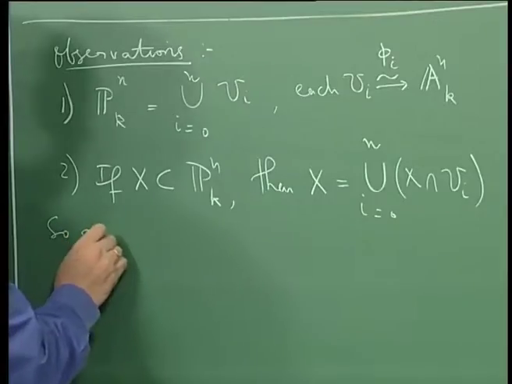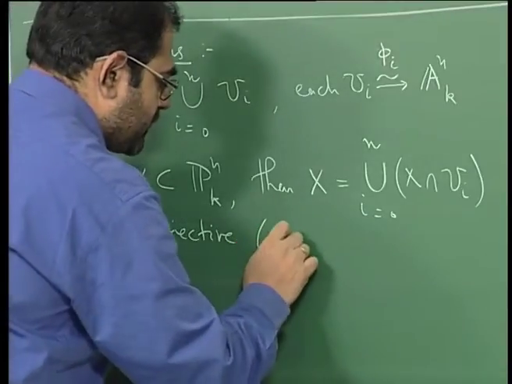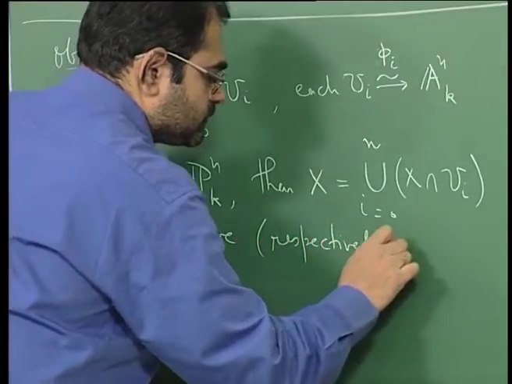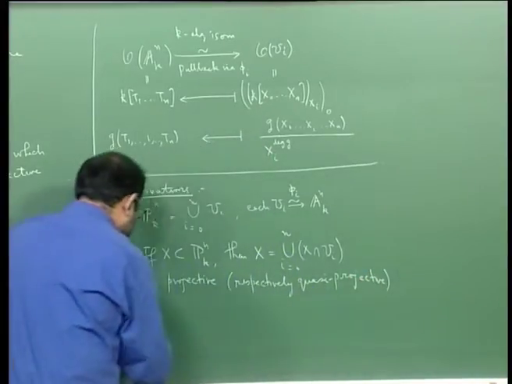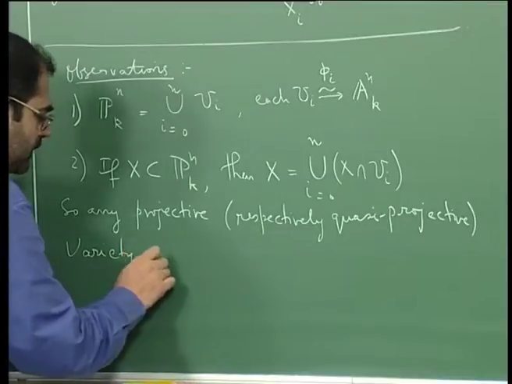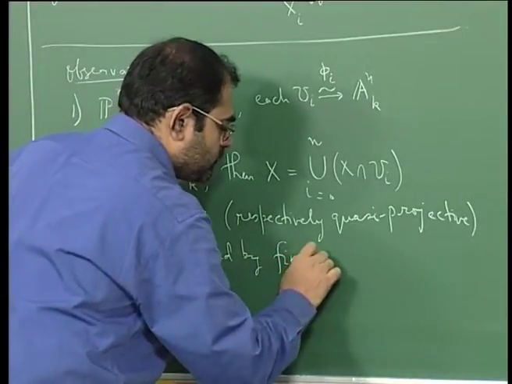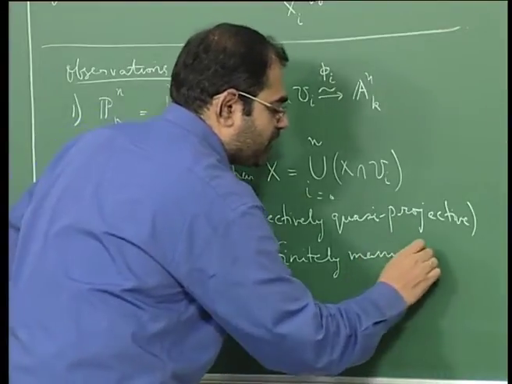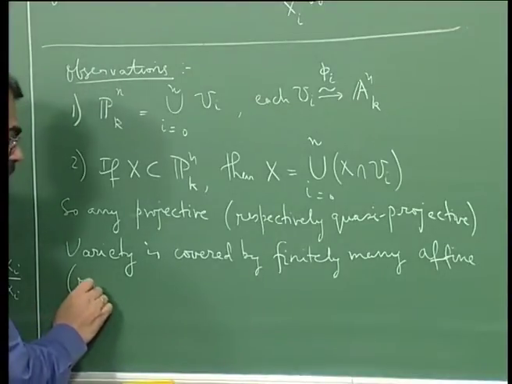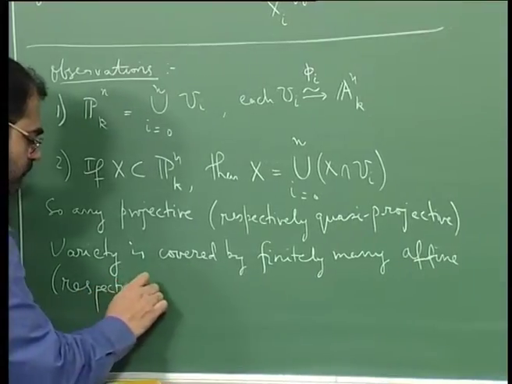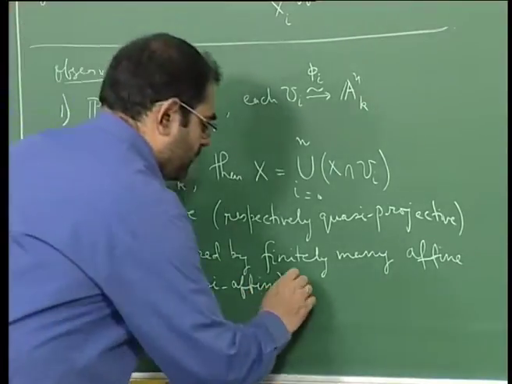So any projective, respectively quasi-projective, variety is covered by finitely many affine, respectively quasi-affine, varieties.